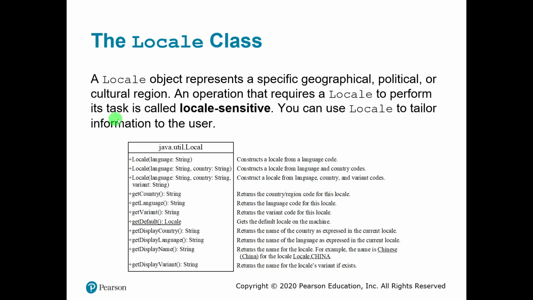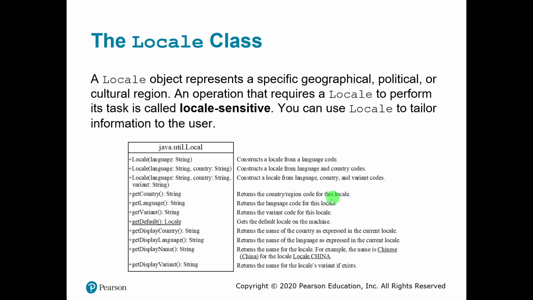So the Locale class has some methods built in. It has different constructors, so we can construct a locale just based on language code. We can construct a locale based on the language and country codes, which is probably the most common way to do it.